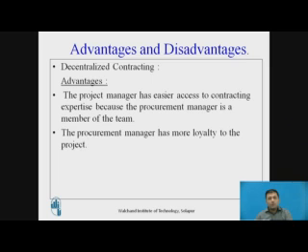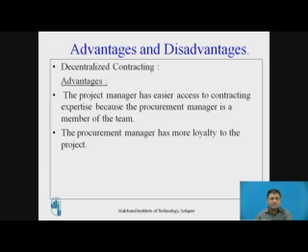The most important advantage is that the procurement manager has loyalty to this project. We have to think of one more angle. As we know about centralized contracting, an issue can happen if he is looking after four departments: he can be more loyal to the refrigerator because his rapport with that refrigerator person is good, and his washing machine person is not good.